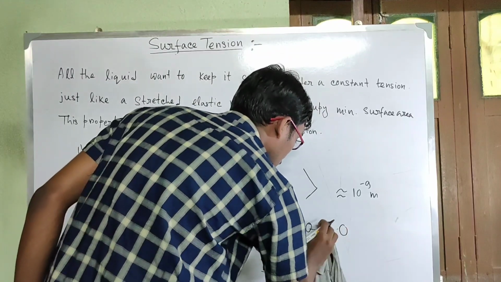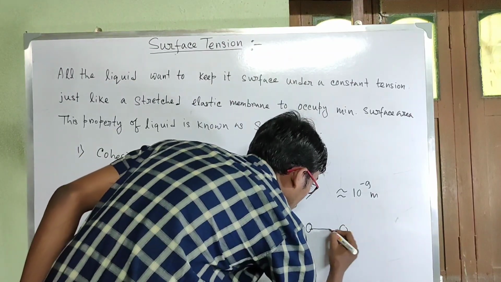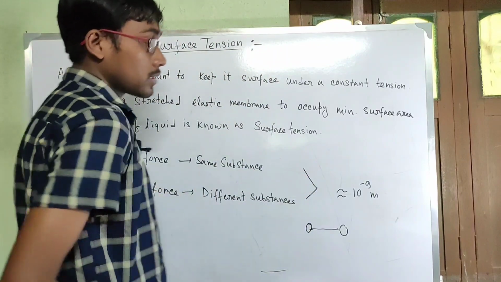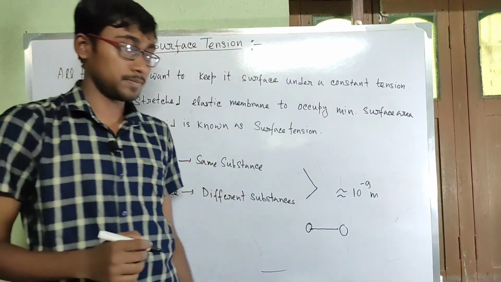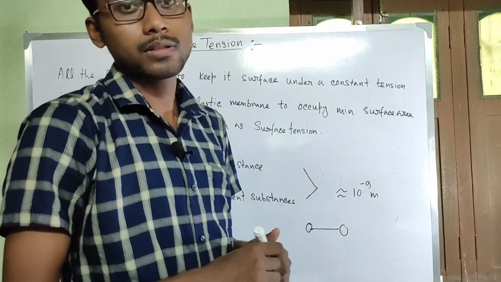If the distance between the two molecules is greater than 10 to the power minus 9 meter, then that force of attraction is negligible.